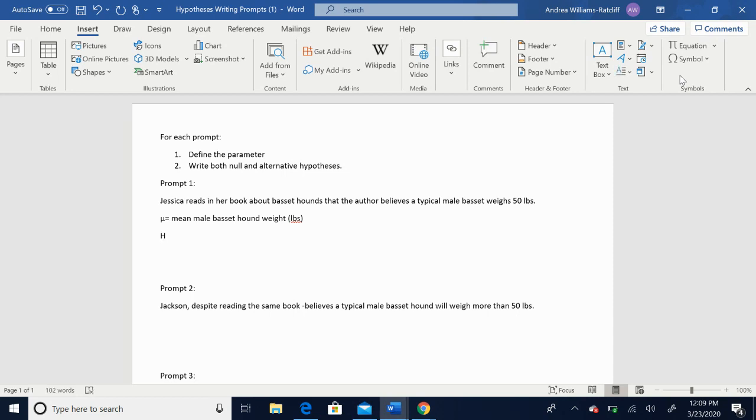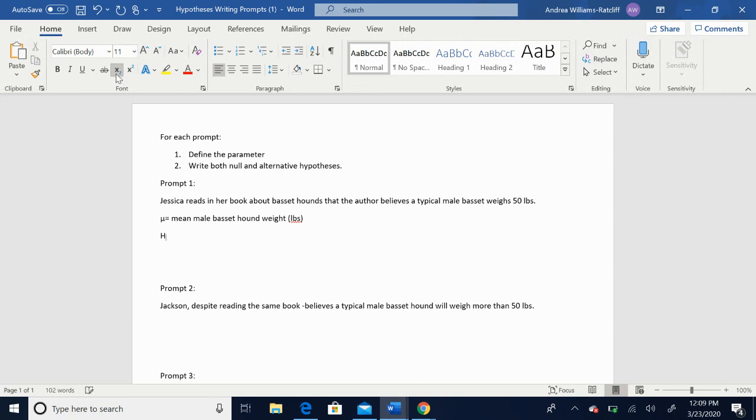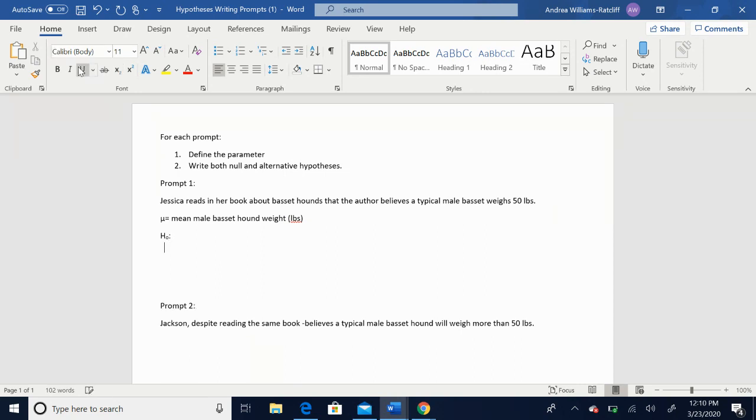Now we want null and alternative hypotheses. I'm going to have my H sub naught, or sub O, which is my null hypothesis, and I'm also going to have my alternative hypothesis, which is H sub A. Both of these are going to be about mu. I'm trying to develop two competing claims here, and that comes from the prompt.